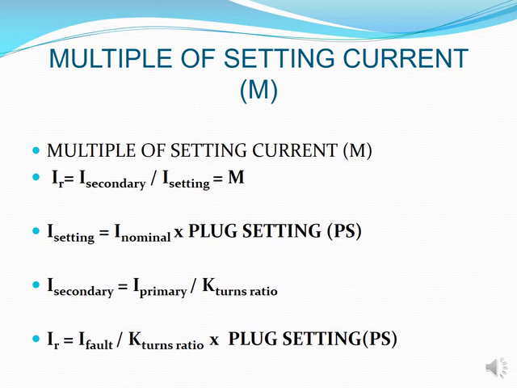Then we say our secondary current is really your primary current divided by your turns ratio of your CT. And our IR again, which is our multiple of setting current, we can look at it as having a combination of what is above, and we say it becomes our fault current, and we can divide that by our turns ratio of our CT multiplied by the plug setting. And the turns ratio of your CT is really the primary over the secondary of your ratio.